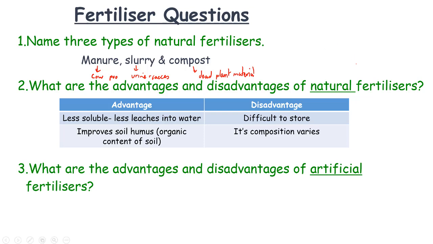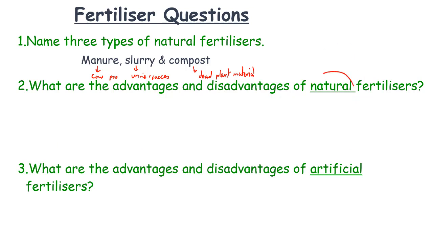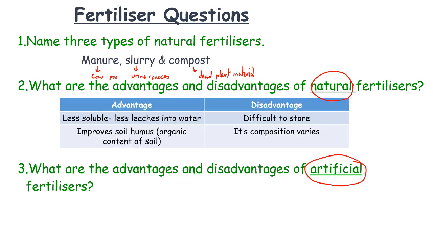Now, after that, we can actually have natural fertilizers and artificial fertilizers. And what you need to know is the advantages and disadvantages of each. So, natural fertilizers then are things like manure, slurry, and compost. The advantage is that it's less soluble, so less of it will leach away into water.